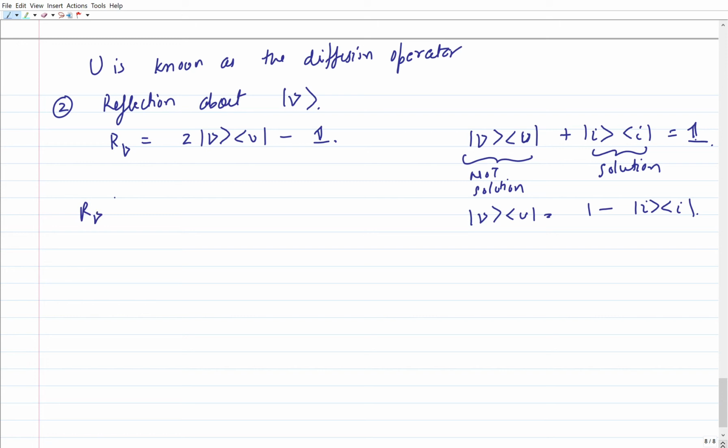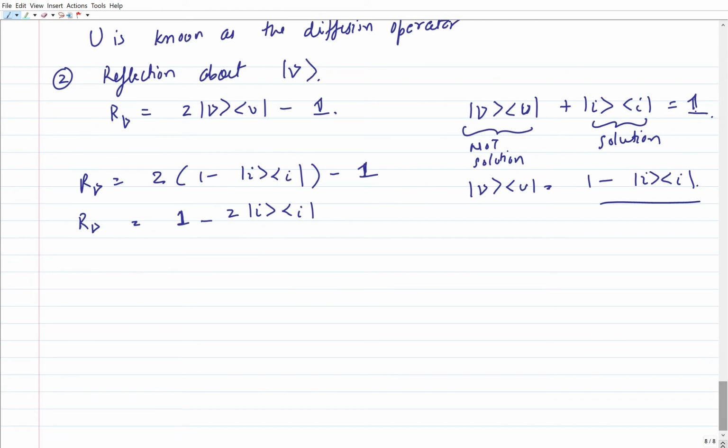So RV is nothing but plugging in the value of v from here, identity, or in other words, this is just, therefore, the unitary RV is given by, let me just write it as RV.